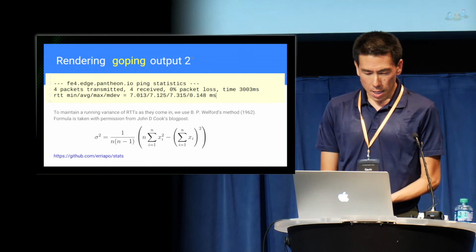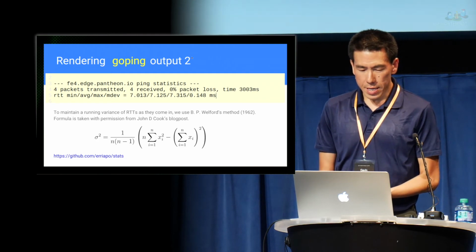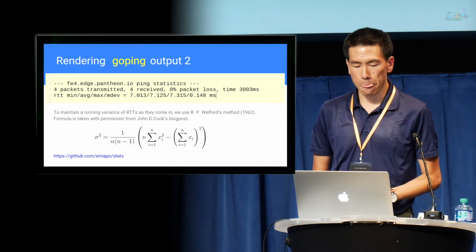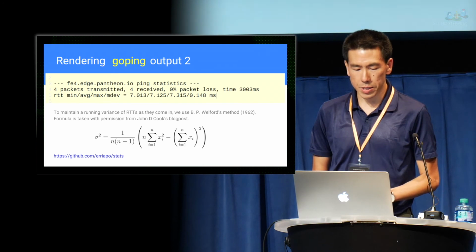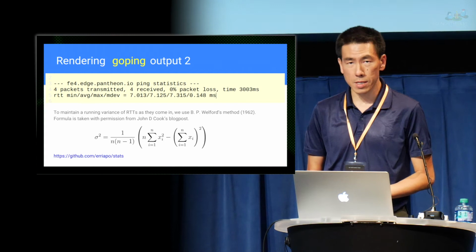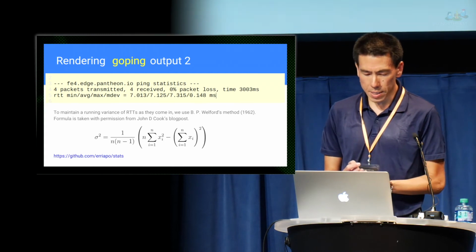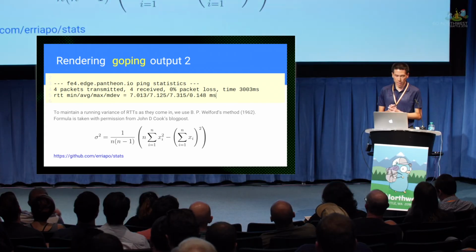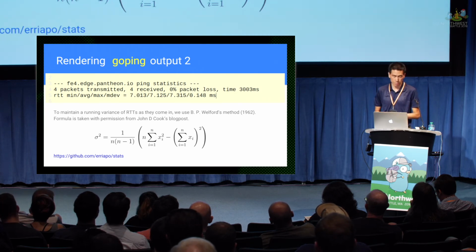And then at the end of the ping output, you need to basically print all the statistics about the round trip times. I should mention firstly how round trip time is implemented in the original ping.